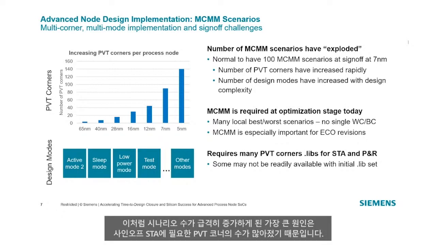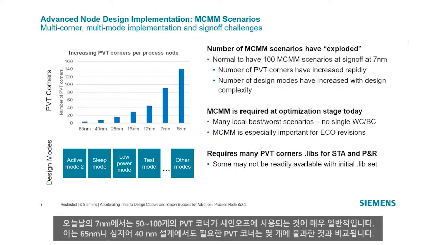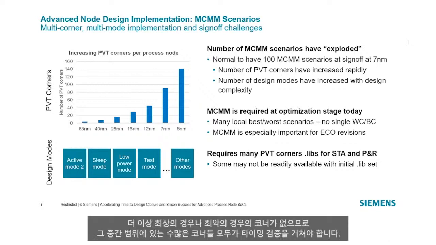The biggest culprit behind this rapid increase is the large number of PVT corners needed for sign-off STA. Today, at 7 nanometers, having 50 to 100 PVT corners used at sign-off is quite common. This is compared to only a handful of PVT corners required at 65 or even 40 nanometer designs. There's no longer a best case or worst case corner, so many corners in between have to all be timing validated.